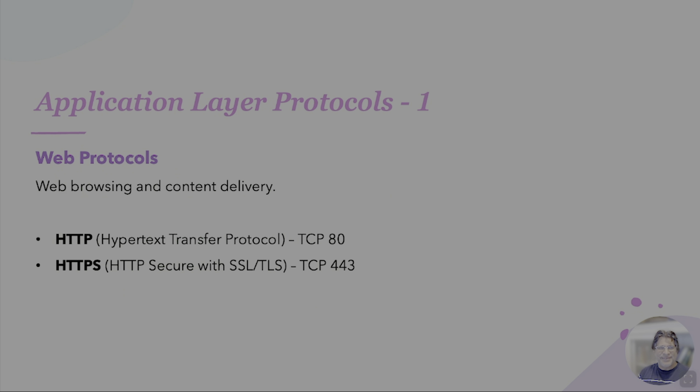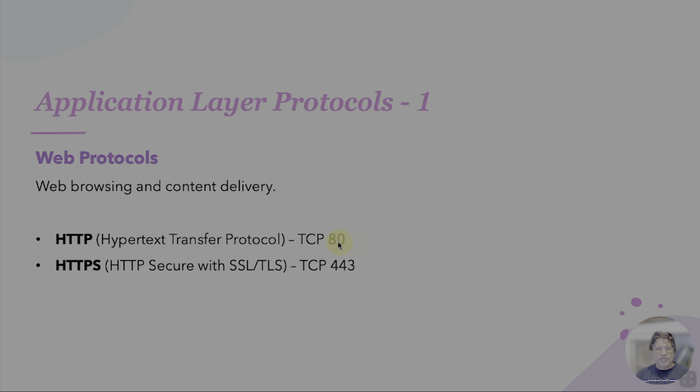All right, the application layer protocols, the first one is the web protocols. Basically enables us to use it for web browsing and content delivery. So there's HTTP and HTTPS over here, right? What we want to emphasize is to make sure we don't use HTTP, right?